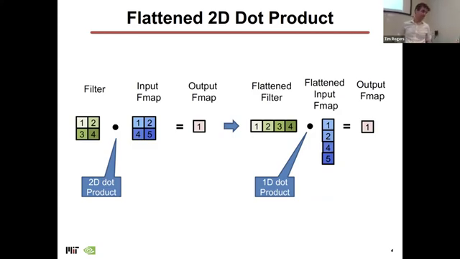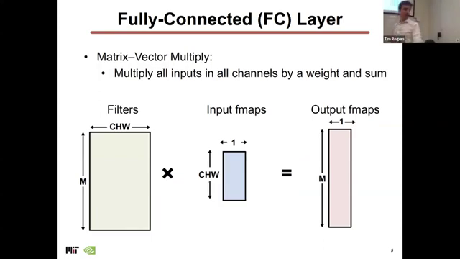Questions so far? Okay. For fully connected layers, you will have a matrix vector multiply. You multiply all the inputs in all the channels by a weight and sum. If you're not doing any batching, then the width of this thing is just going to be 1. So batch size 1 will create a matrix by vector multiplication that results in an output vector, which has less parallelism than matrix by matrix, obviously, because you basically have no columns.